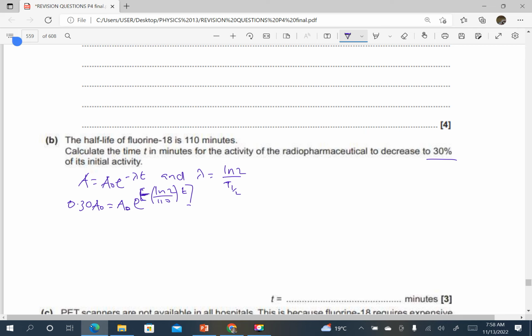So we introduce ln. So ln of 0.30, A naught has cancelled, is equal to negative ln of 2 over 110 times t. So you make t the subject.